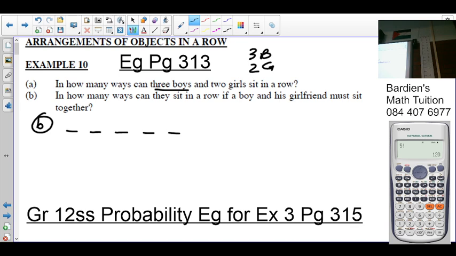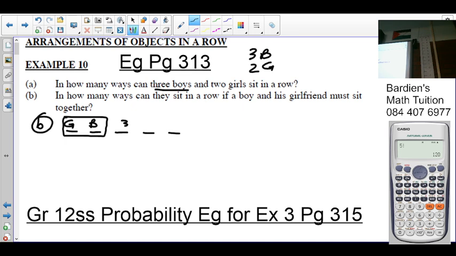Okay. So if the girl and the boyfriend need to sit together, it could be like this: the girl and the boy. Then I get 3 factorial here.